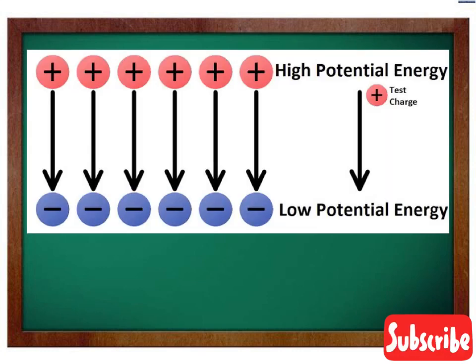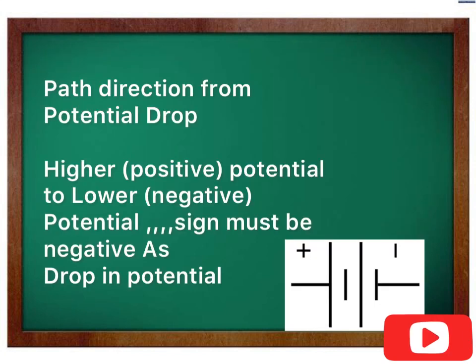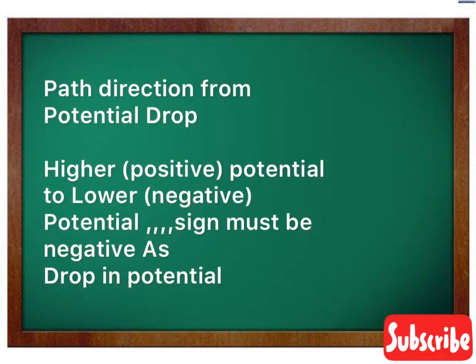So suppose potential is flowing from higher potential to lower potential, meaning the battery is connected in your circuit, with a positive terminal and a negative terminal. Your selected path, as I said in the fourth step, can be clockwise or anti-clockwise.